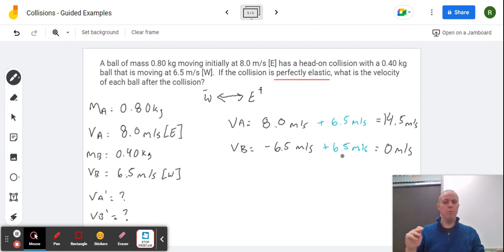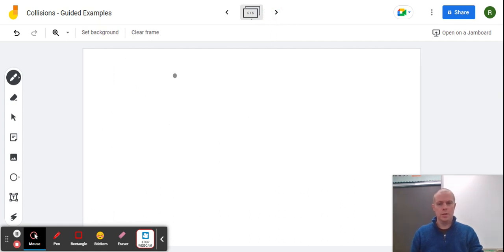So now that VB is 0, we can use those equations from the other page. We can use these shortcut equations. So VA prime is (MA minus MB) over (MA plus MB) times VA.